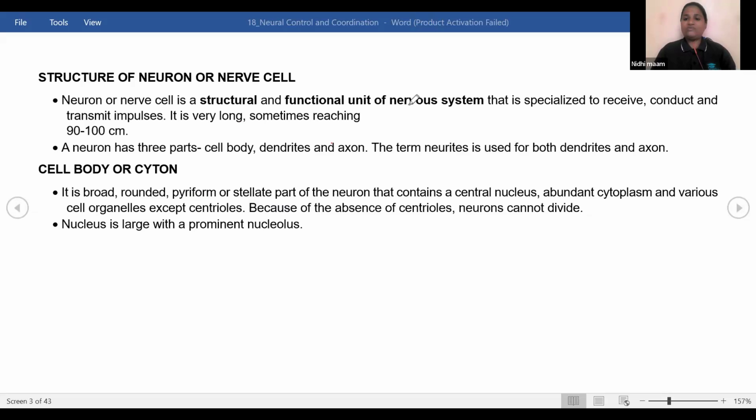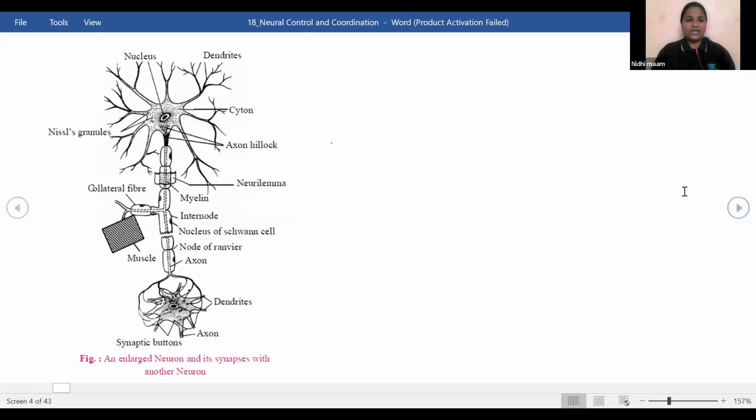Because of the absence of centrioles, neuron cells will not divide. As you can see, this is the cyton. You can see the cytoplasm, nucleus, dendrites, axon, and myelin sheath, right? These are again the dendrites.